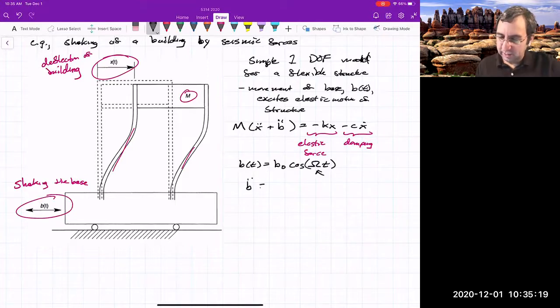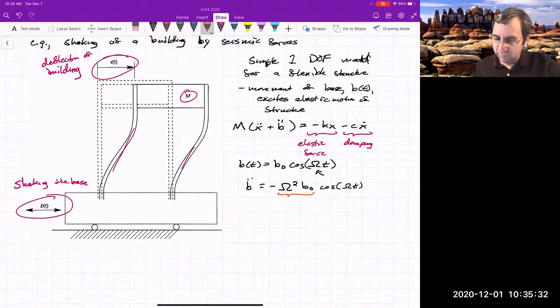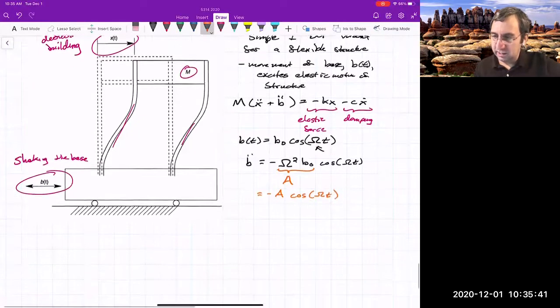Take 2 derivatives of that, you get negative omega squared b naught cosine omega t. We will call this term omega squared b naught. Well, that's the amplitude. So this equals negative a cosine capital omega t.